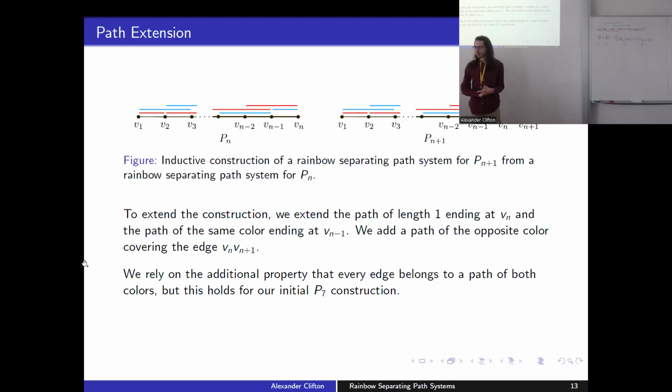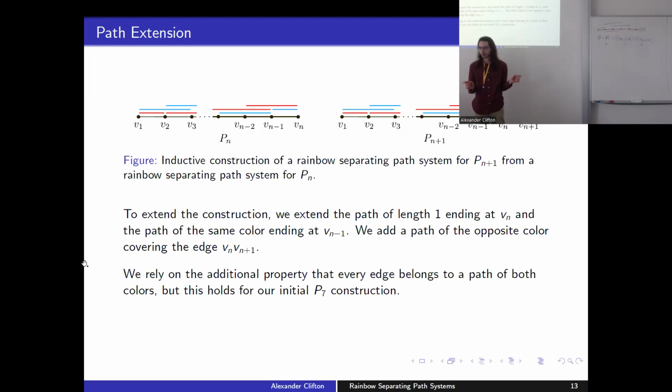So for Vn minus 1 Vn, I'll just assume the colors are as they are on my picture for Pn plus 1 here. I have a blue path from Vn minus 1 to Vn plus 1. So I'm going to use that, and then every previous edge before Vn minus 1 is part of some red path that's not using Vn minus 1 Vn.